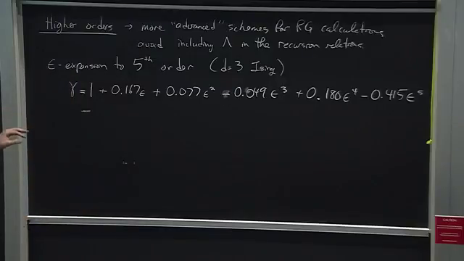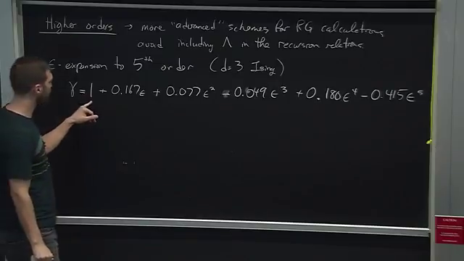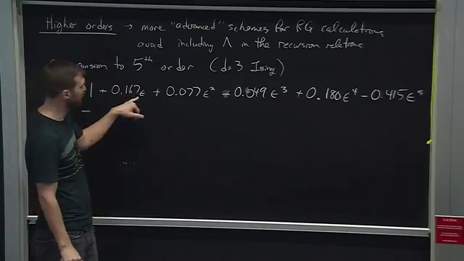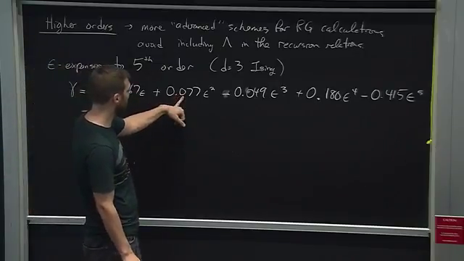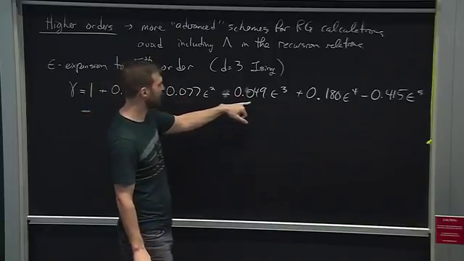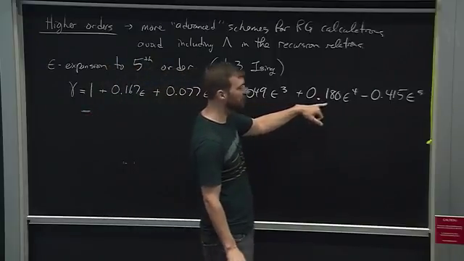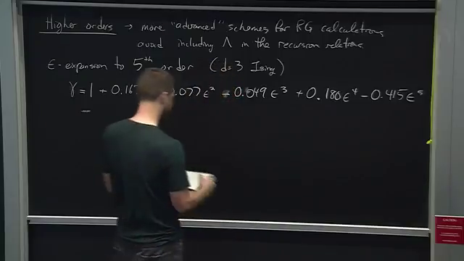So that should disturb you. It looks like things are going the right way here. You get a nice correction. That correction gets smaller. It gets smaller again. And then all of a sudden it starts getting bigger, all right?